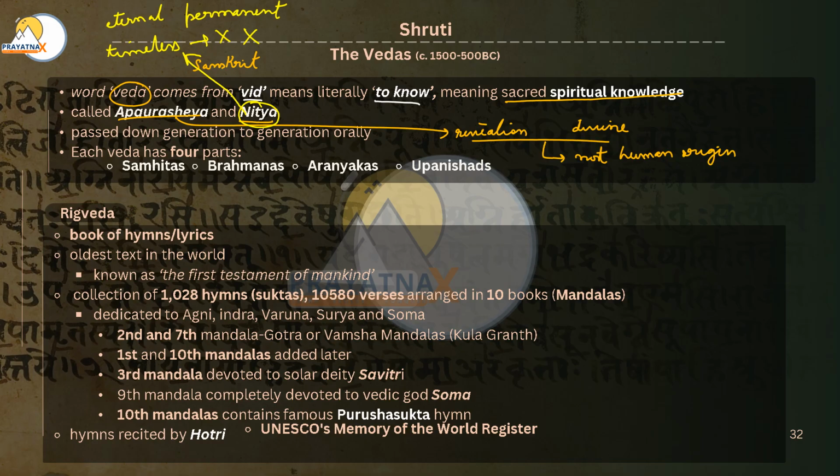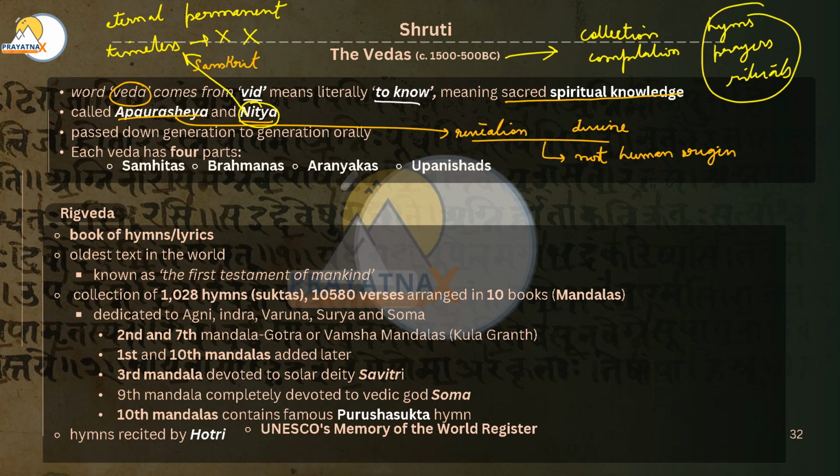Now, the Vedas contain a collection, or basically a compilation, of hymns, prayers, rituals, and these are dedicated to various deities.